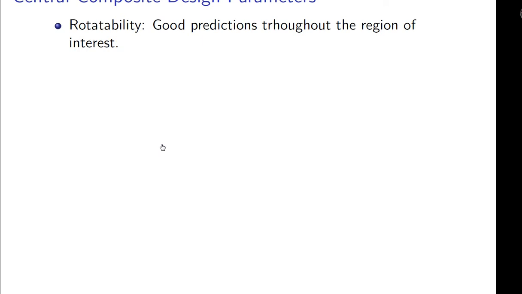One criterion that one uses to evaluate an experimental design is rotatability. What I mean by rotatability is whether that spatial arrangement of experimental runs can be rotated through that space.